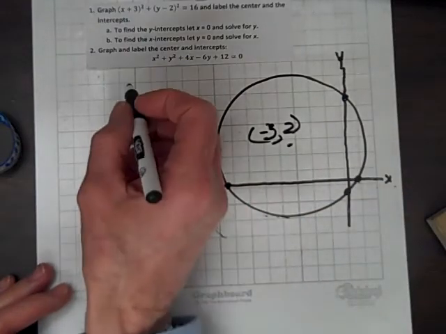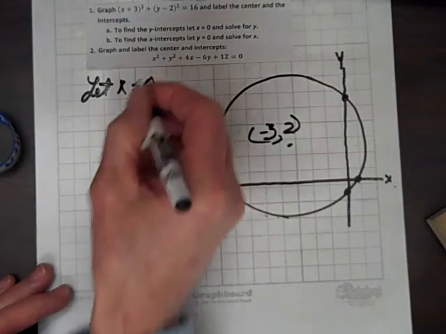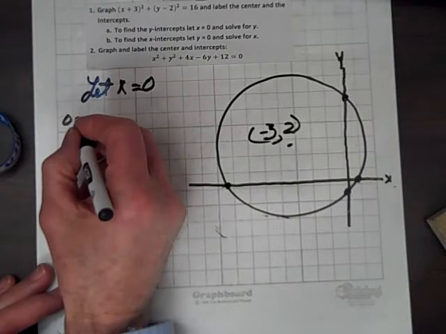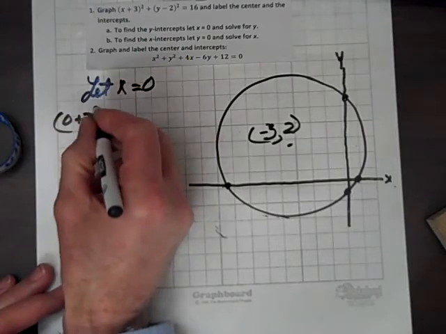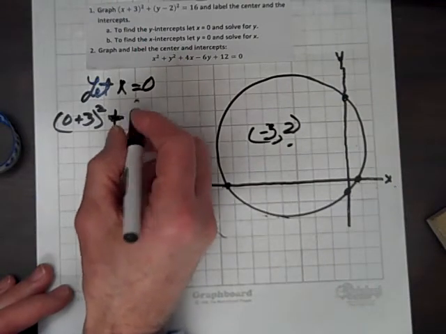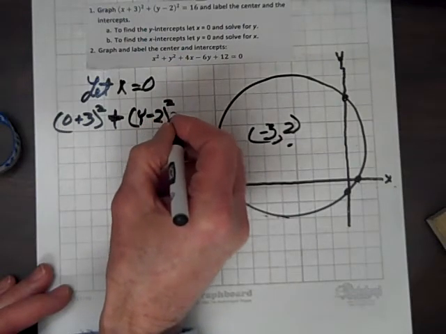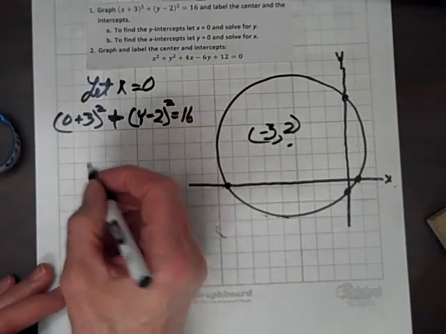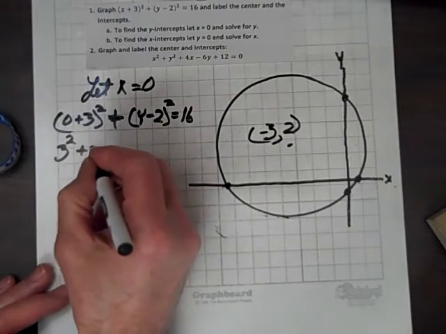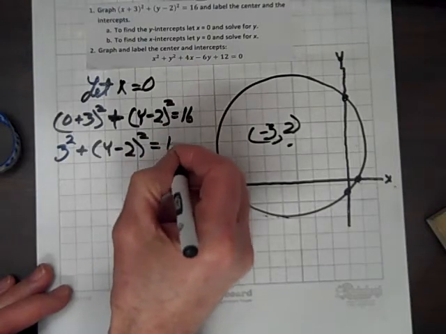So we will now find our y-intercepts, and to do that we'll let x equal 0. If x = 0, we have (0 + 3)² + (y − 2)² = 16. Well, 0 + 3 is 3, so we have 3² + (y − 2)² = 16.